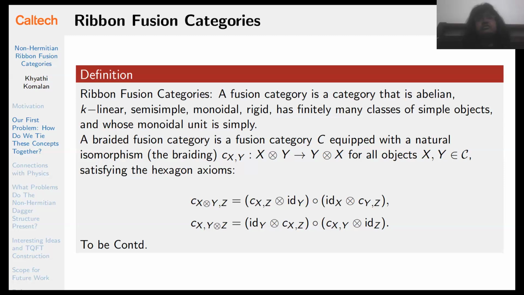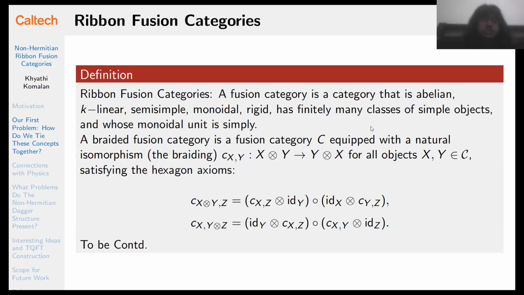Rigidity essentially means that you're able to do this breaking down in the first place. If you can take something more complicated and break it down into simple objects, you have this relation between the co-evaluation and evaluation morphisms. And this category is enriched over the category of k-modules.